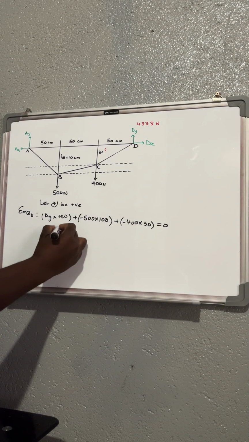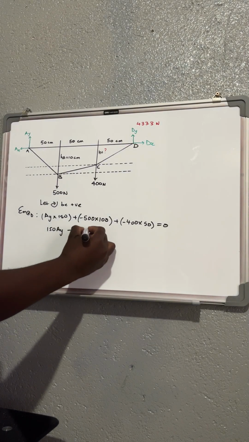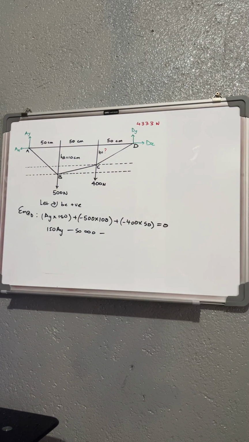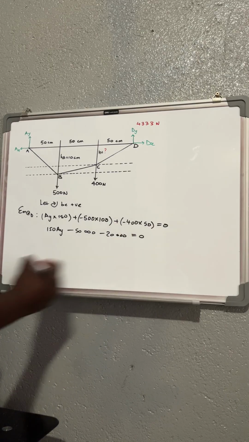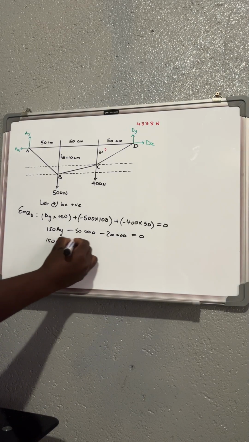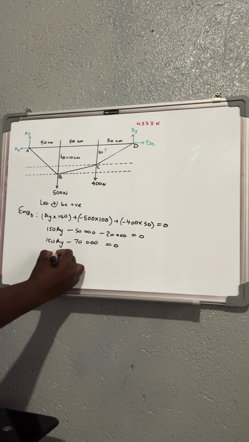Then we have 150 AY minus 50,000 minus 20,000, then this will be equal to 0. We have 150 AY minus 70,000, this is equal to 0.